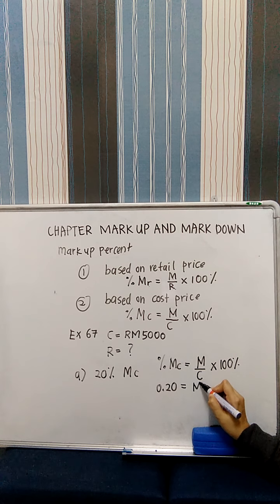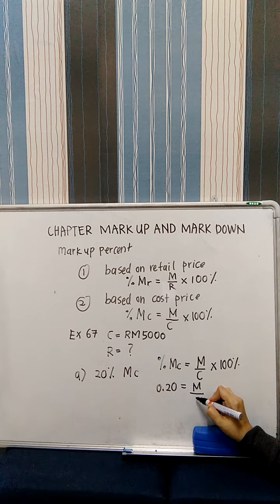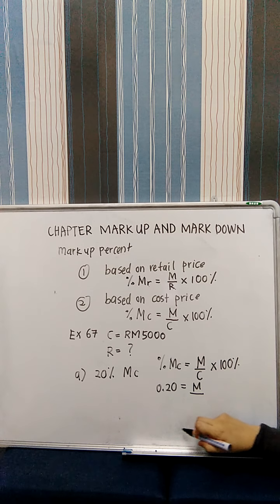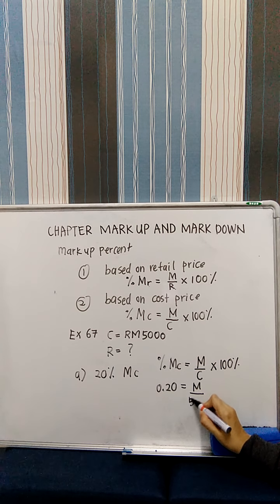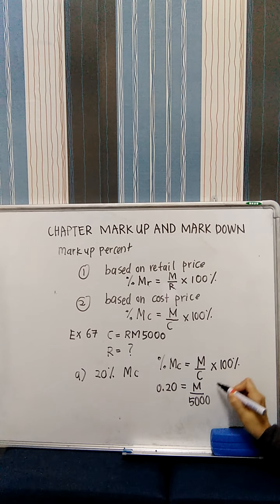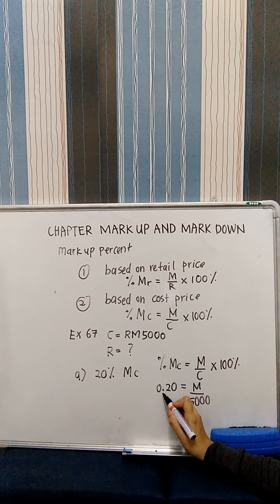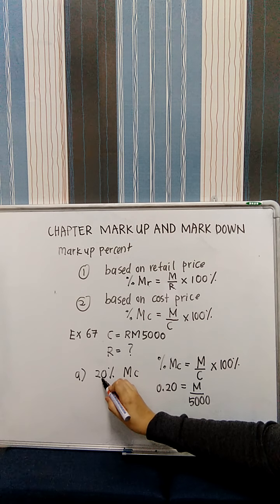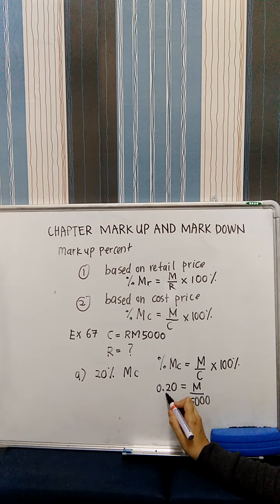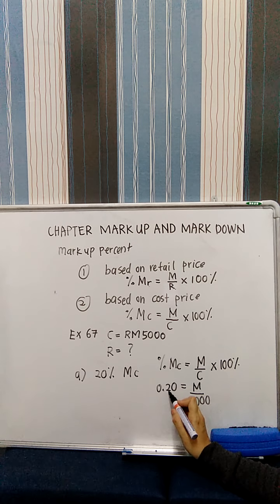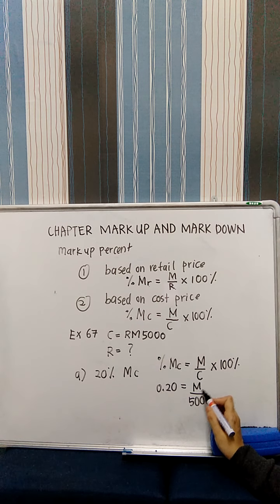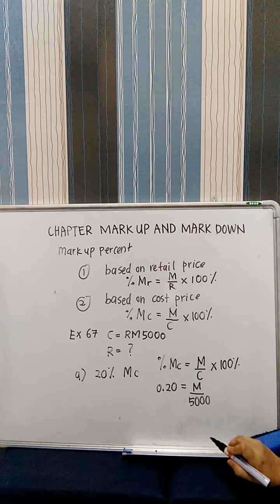M divide C. C is given here, 5,000. Times 100 is not needed because you already changed the percentage 20% to decimal. So 0.2 equal to M divide 5,000.